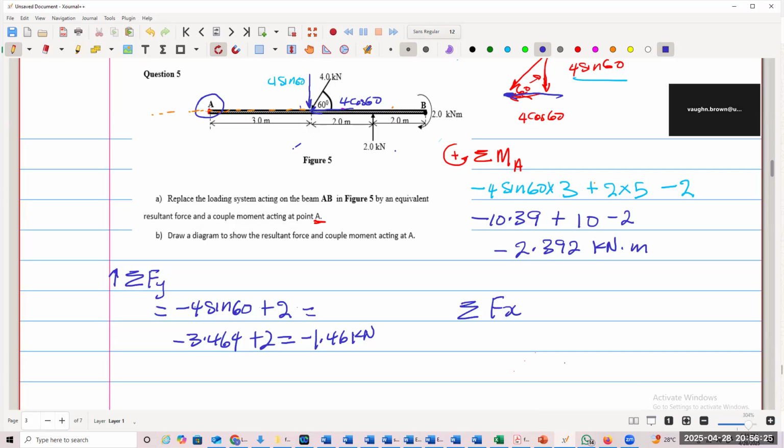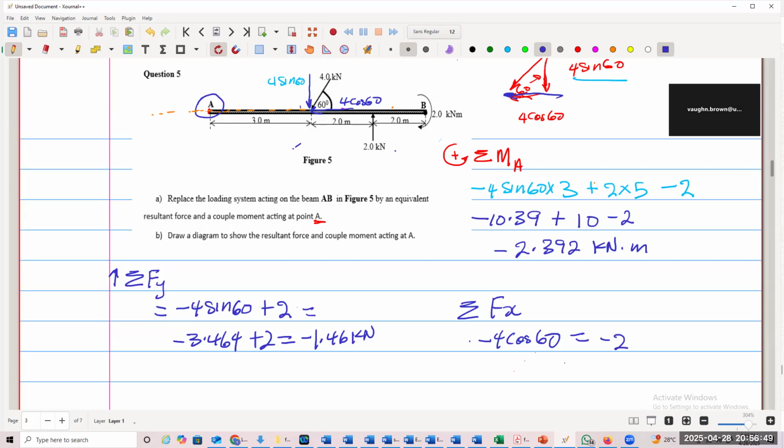So it's minus 4 cos 60. Do we have any more? None other. So you simply work that out and you will get minus 4 times cos 60, which is minus 2.